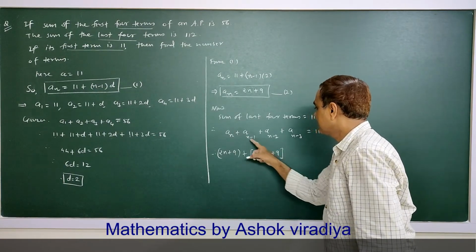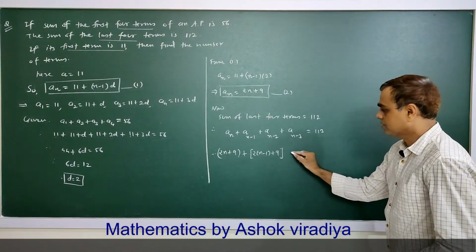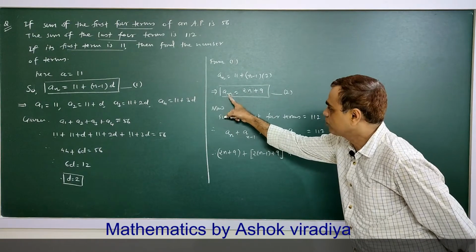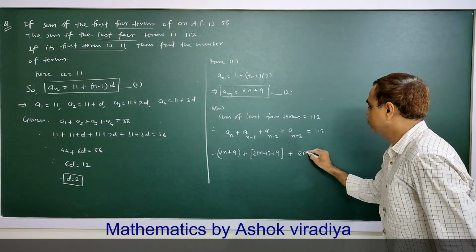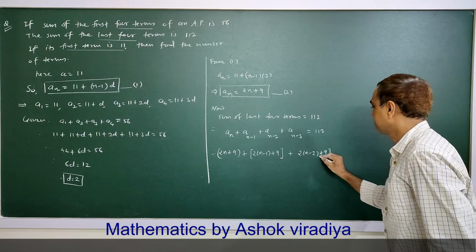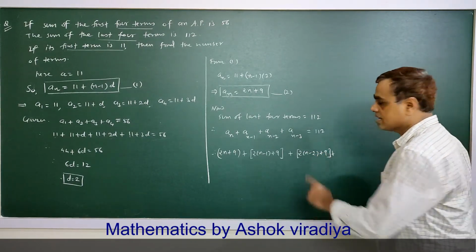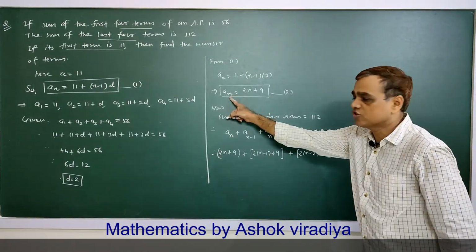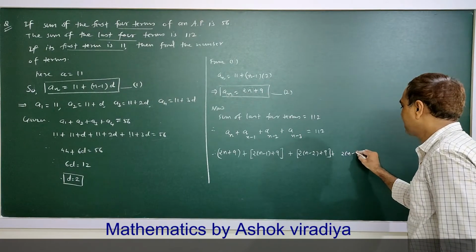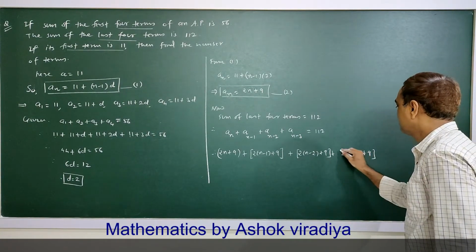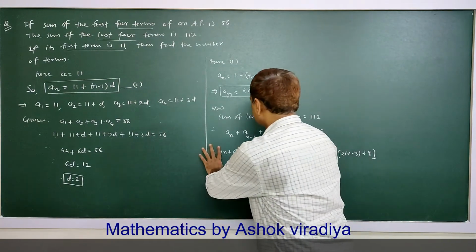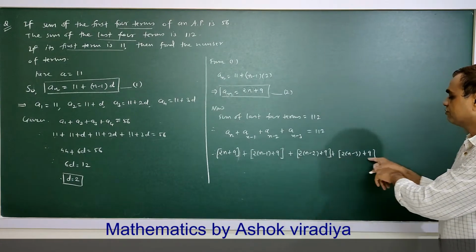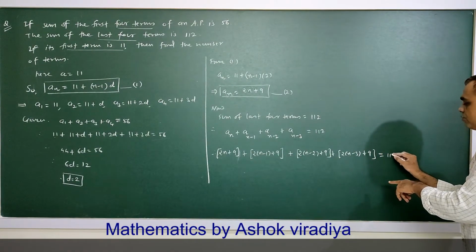Then plus the term n minus 2: 2 into (n minus 2) plus 9, plus the term n minus 3: 2 into (n minus 3) plus 9. So this is the last term, second from last, third from last, fourth from last. The sum of the last 4 terms is 112.